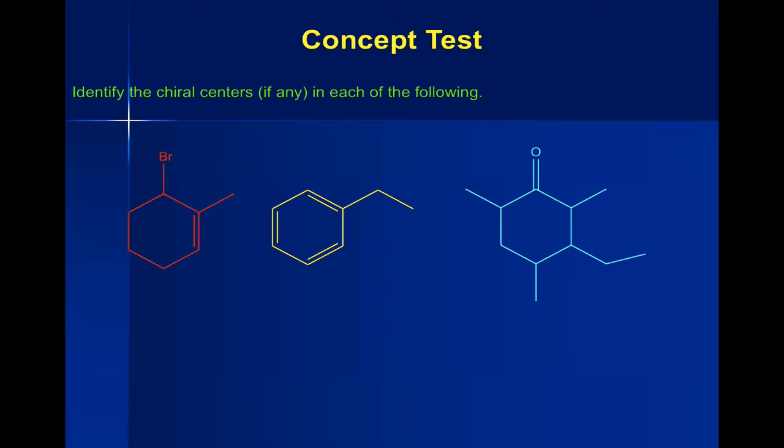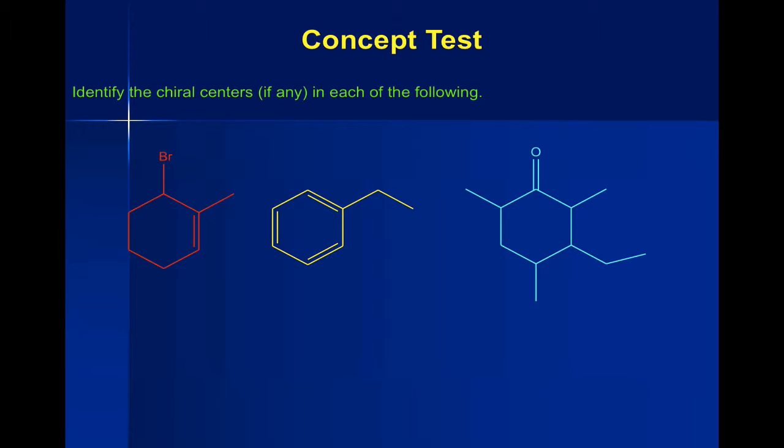We've got a hydrogen, which isn't depicted, but we know it has to be there, right? And we know that this carbon, or this group, if you will, is clearly different than this group. So we do have four different things attached to it. We have a chiral center. The first carbon is the one on the double bond, right? In terms of you would want the alkene to be named that way, yeah. So we've got a chiral center here.